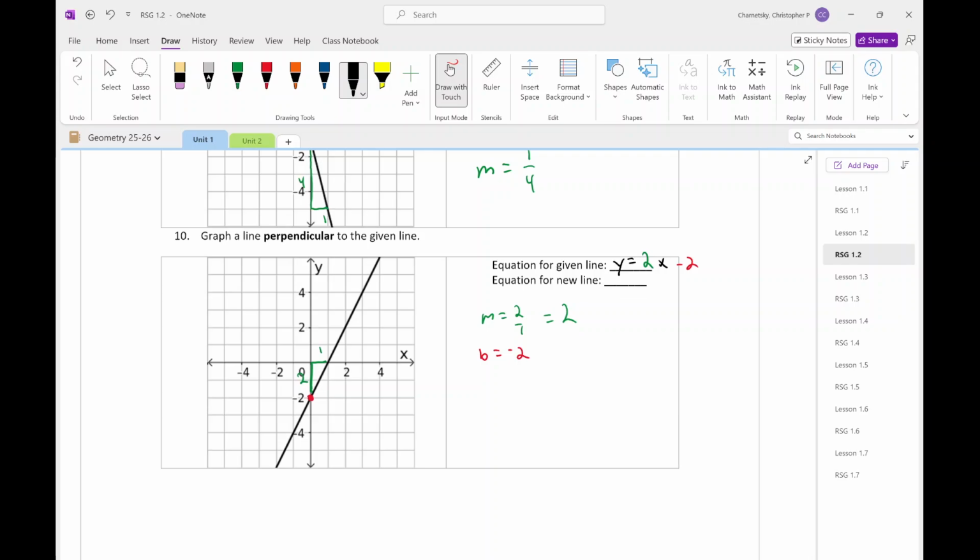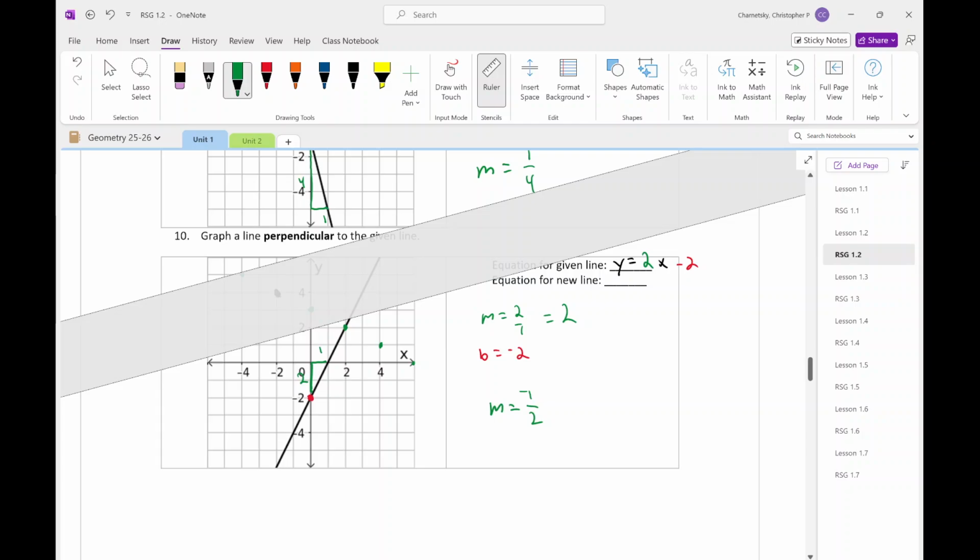The equation of the new line. We'll pick another point. Let's do something over here maybe. Maybe right here. Okay, my new slope. If my original slope was 2 over 1, my new slope needs to be negative 1/2. So down 1 over 2, down 1 over 2.